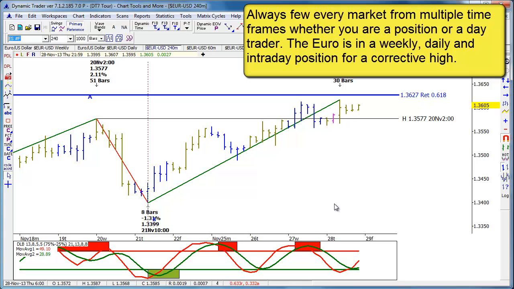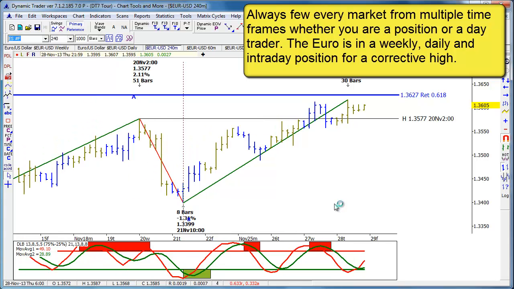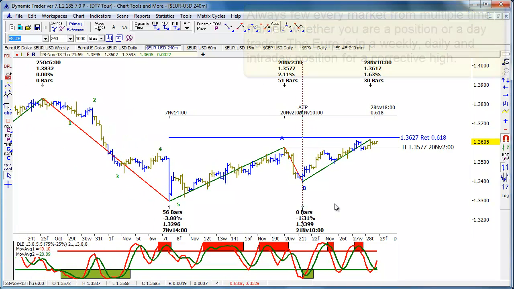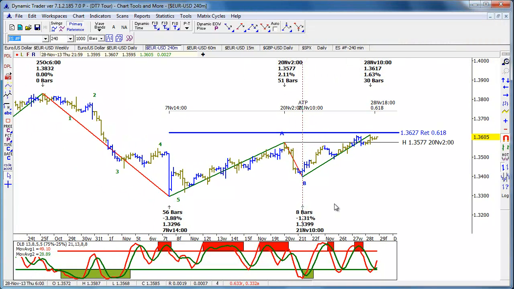We're looking at multiple time frames or degrees of price and time position. The conclusion we can come to is, at the least, we should be near what we call a daily high in the euro dollar. That's at the least. And probably we're at a weekly high in the euro dollar.